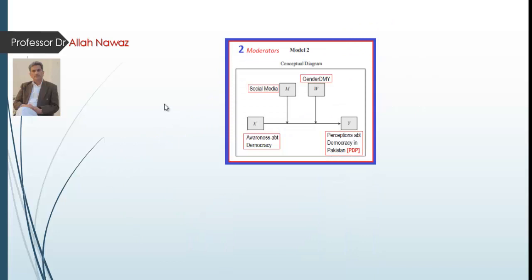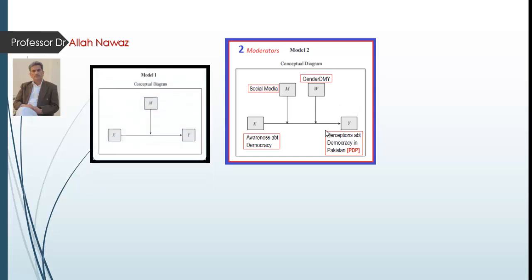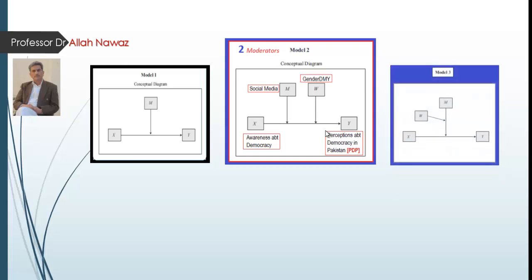We have concluded on the basis of the results that social media is playing a significant role in the case of female members, while its role is not significant in the case of male members. So the results have given us the real picture of what is going on in the situation where the data was collected.